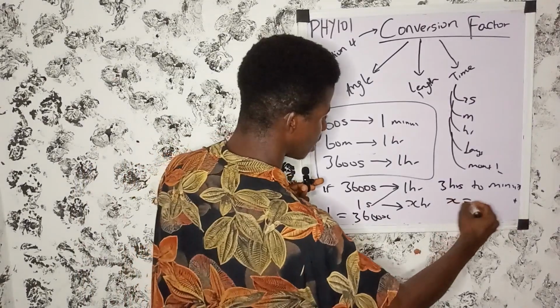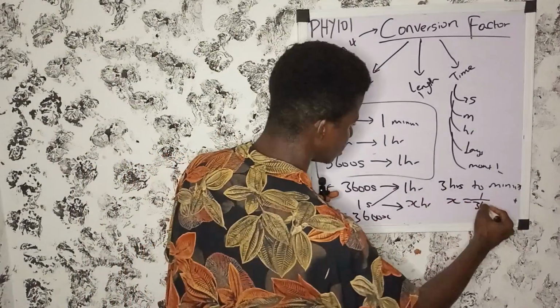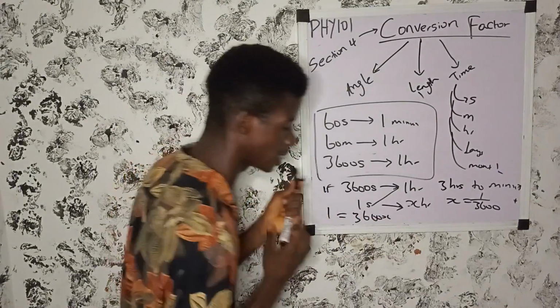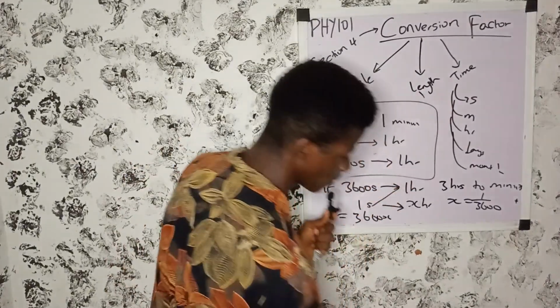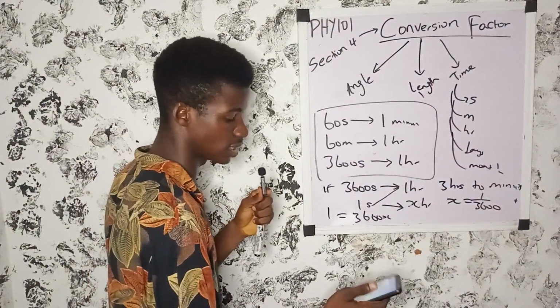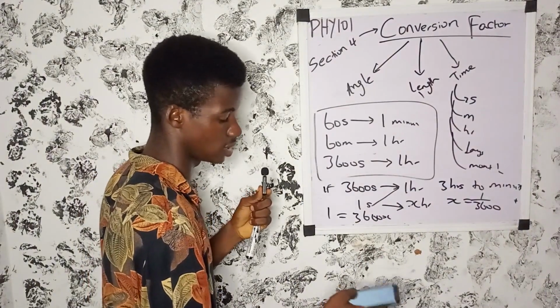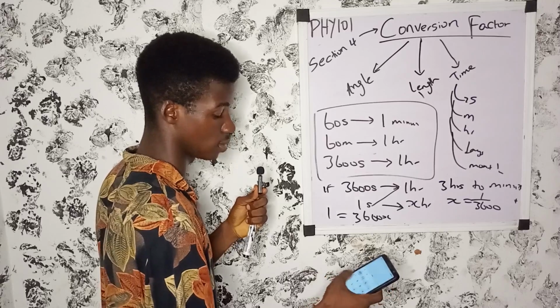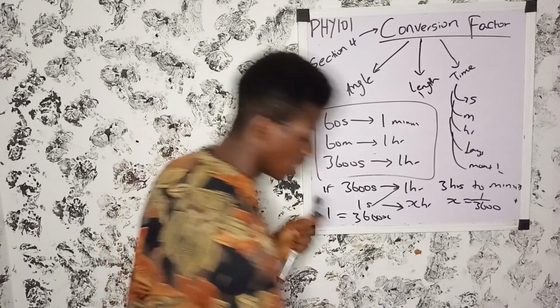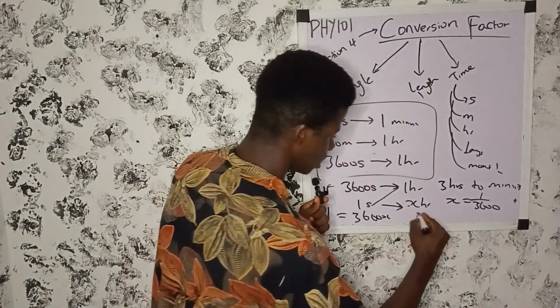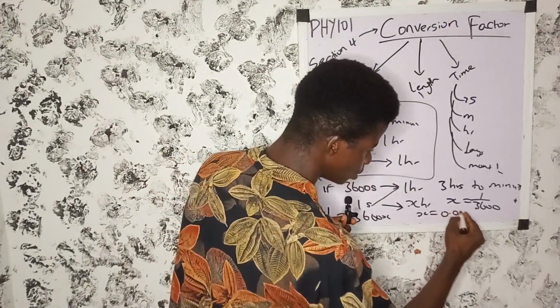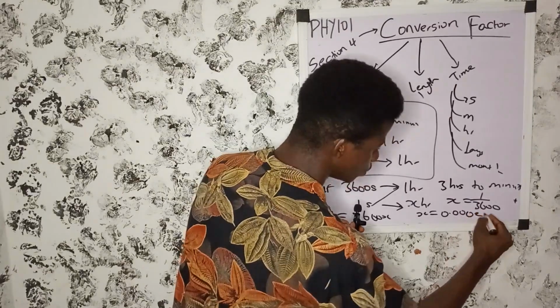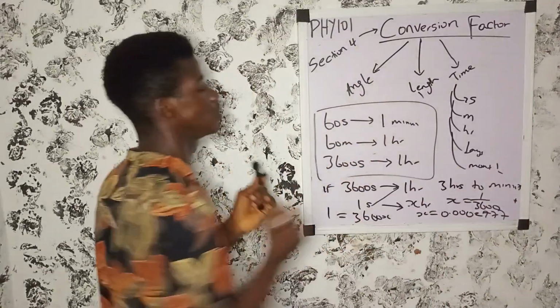If you divide both sides by 3,600, 1 divided by 3,600 is 0.00027777.